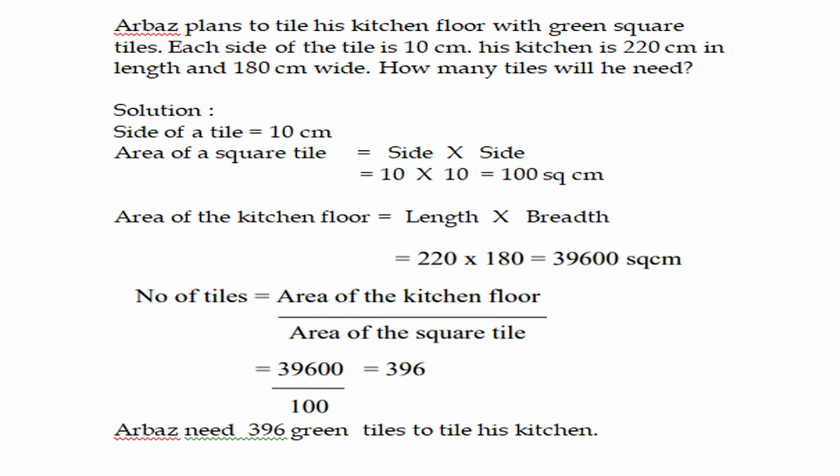Area of the kitchen floor equals length into breadth, which is 220 into 180, which in turn equals 39,600 square centimeter. Area of the kitchen floor upon area of the square tile is 39,600 upon 100, which gives 396. So, Arbaz needs 396 green tiles to tile his kitchen.